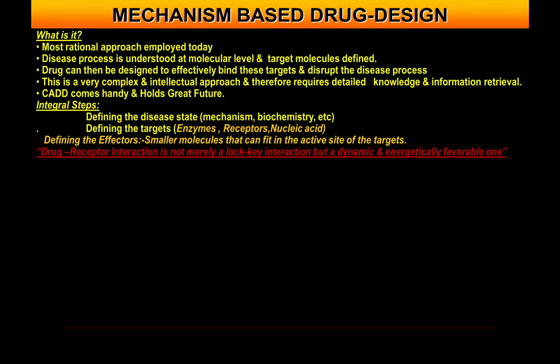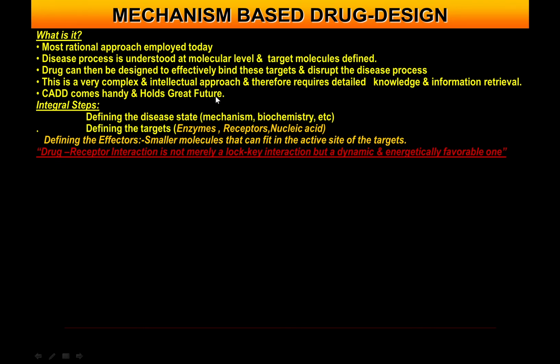So this is mechanism-based drug design, the most rational approach. The disease process is understood. Drugs are then designed specifically to bind these disease target molecules and disrupt the disease process. It's a very complex intellectual approach and therefore requires detailed knowledge of information retrieval.